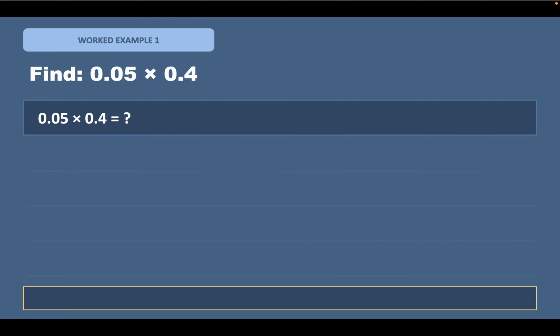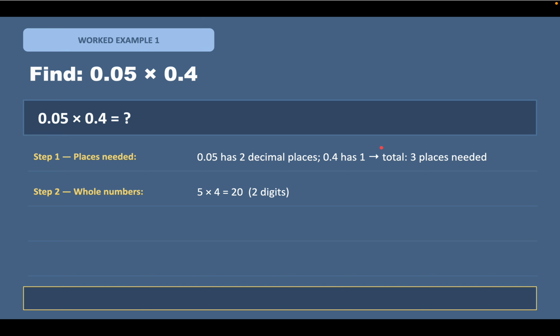Okay, here's another example. 5/100ths times 4/10ths. So first question, the places needed. We have 2 here and 1 here. So 3 places are needed. And then we multiply our whole numbers. 5 times 4 is 20, which has 2 digits. So notice we have 3 places needed, but only 2 digits in our answer. So we're going to need 1 more place.